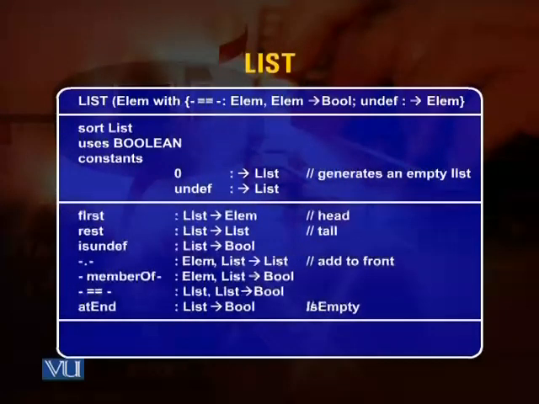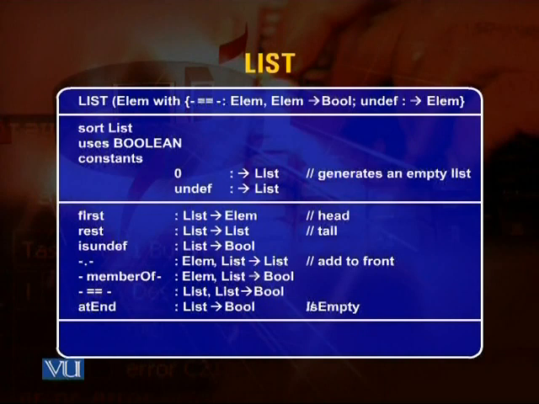Then we have the list functions, and the list functions are first, which is the same as the head function that we saw earlier on. Rest, which is the same function as the tail that we saw earlier on. Is undef, which takes a list as a parameter and returns a boolean, and it is going to be true if the list is not defined. Hyphen, dot, hyphen.